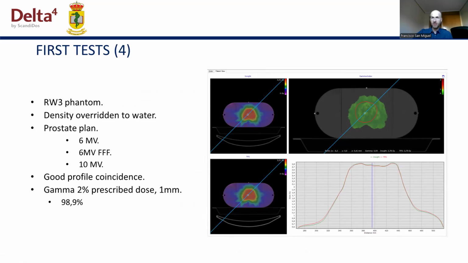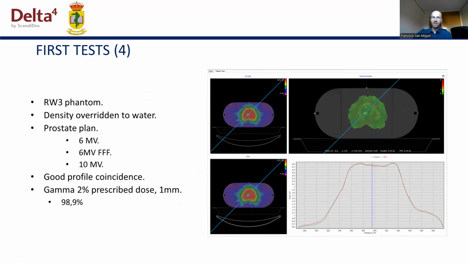As can be observed, the agreement with the treatment planning system is very good, with a gamma analysis result of 98.9% using 2% of the prescription dose and 1 millimeter criteria and a 50% dose threshold.